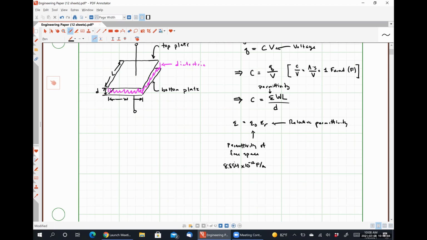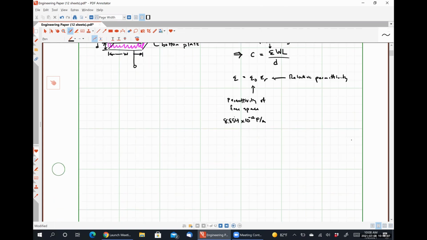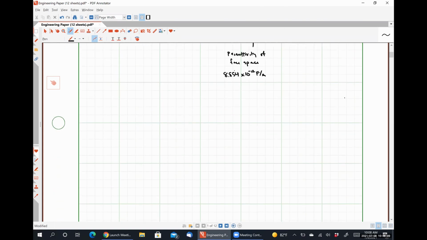So let's talk now about the circuit characteristics of a capacitor. Our schematic symbol for a capacitor is this guy. We have two terminals and a set of parallel lines representing the parallel plates of the capacitor.